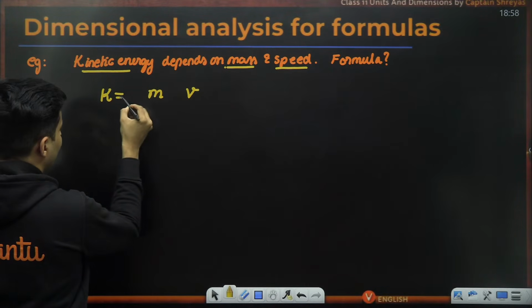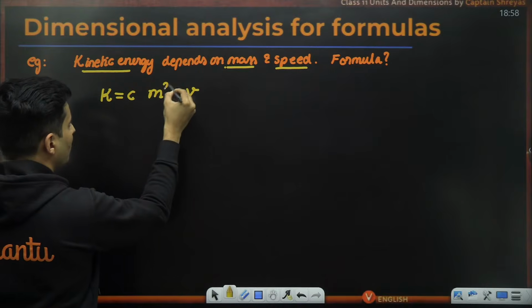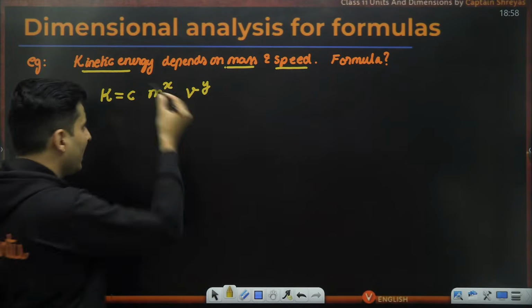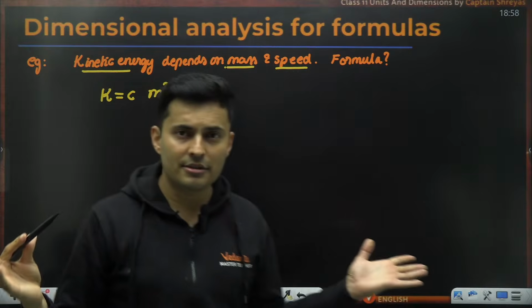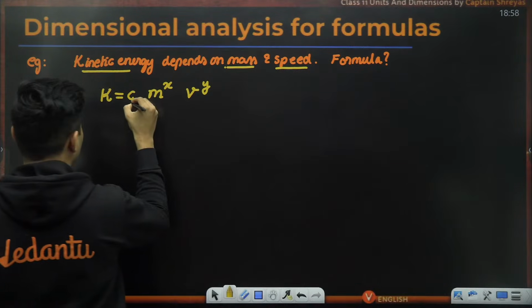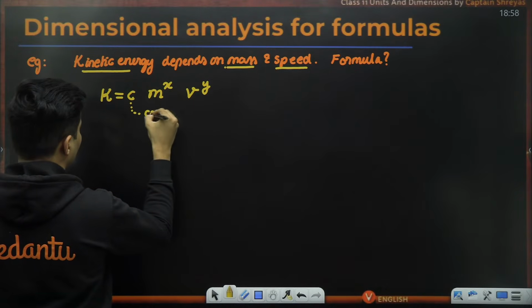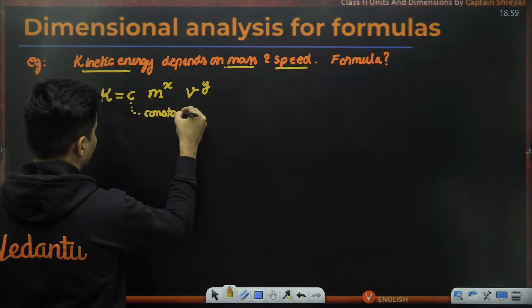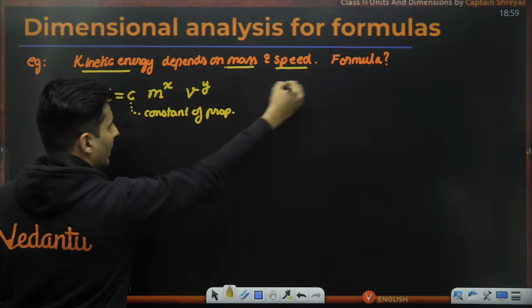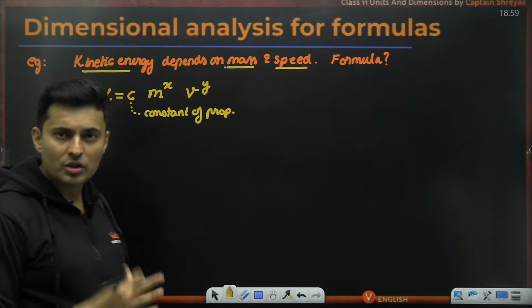So I will say kinetic energy is some constant into mass raised to x, velocity raised to y. x, y, c, all are unknowns. C is some constant of proportionality. There are no more terms in this, I will assume.